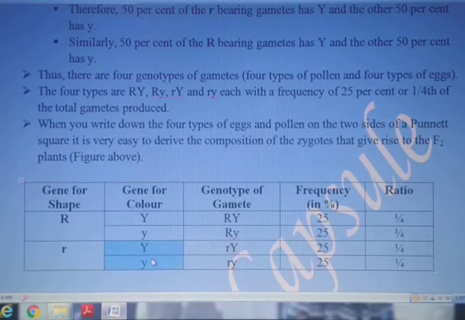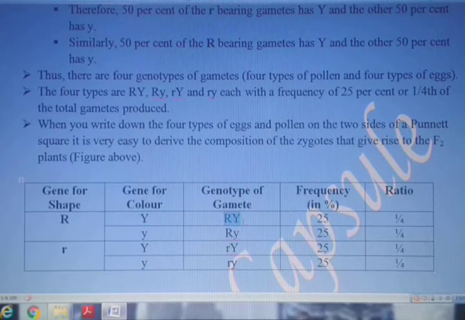Now when the dominant gene for the shape of the seed, capital R, segregates with the dominant gene for color, the genotype of the gamete will have capital R and capital Y, which is equal to 25% frequency, and in ratio it is 1/4.